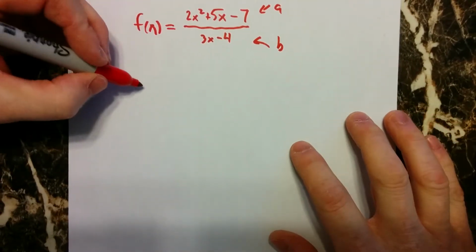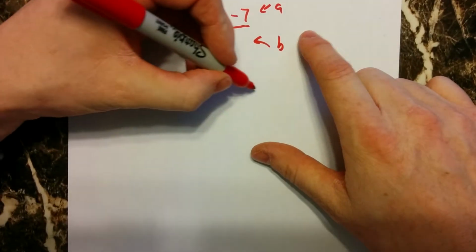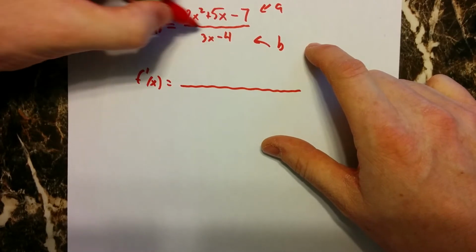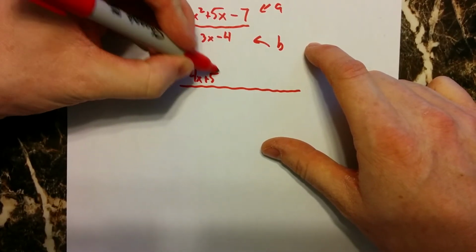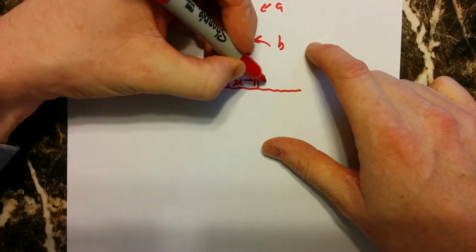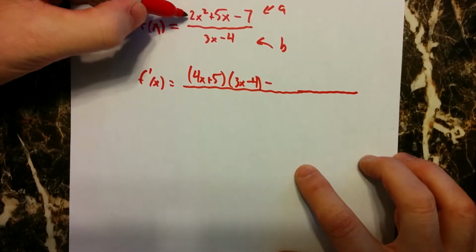So when we take our derivative, we end up with the derivative of the numerator, which is 4x plus 5, times the denominator 3x minus 4, minus the original numerator.